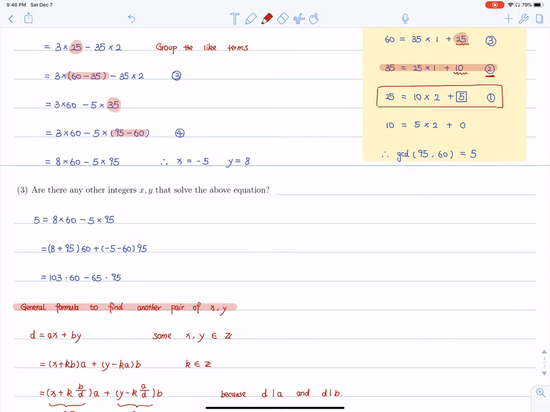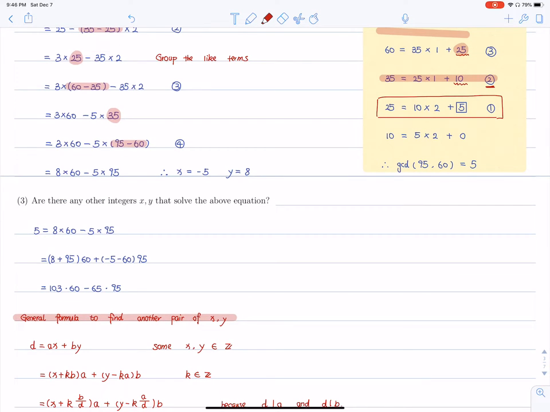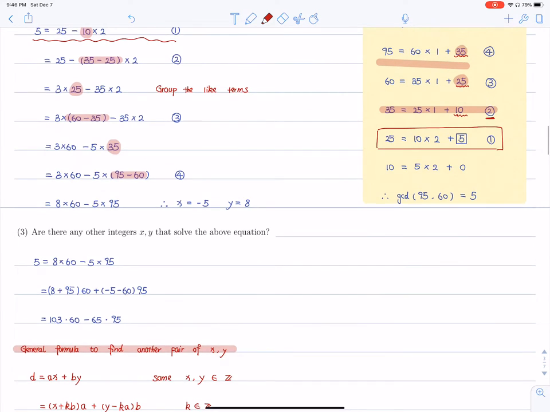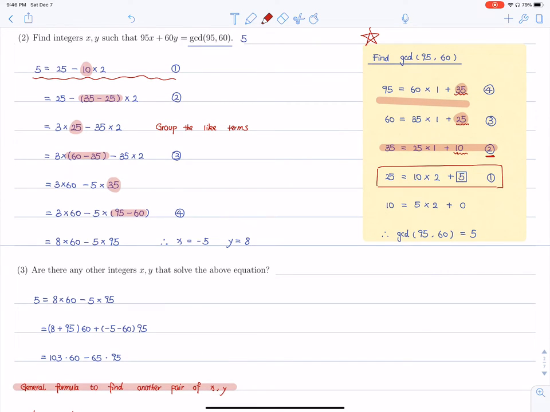And you open a bracket, group the like terms. Eventually, you'll get 8 times 60 minus 5 times 95. Therefore, your GCD, which is 5, equals 8 times 60 minus 5 times 95, which means your x equals -5, y equals 8.